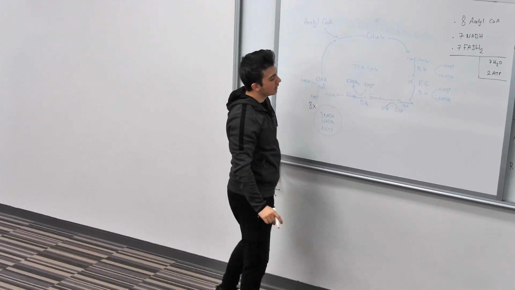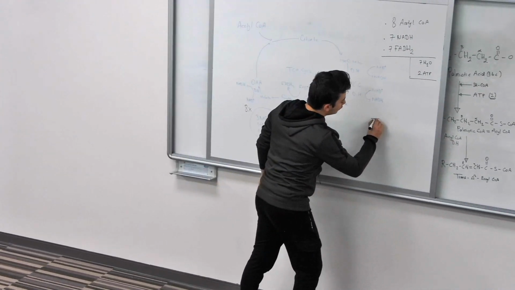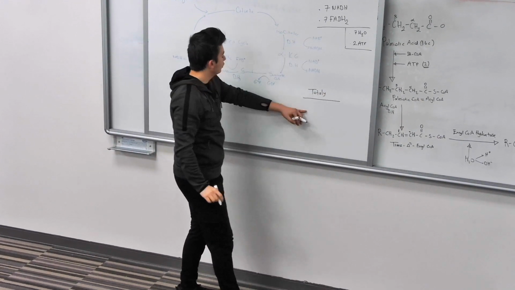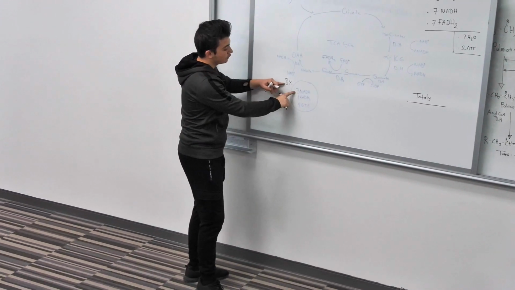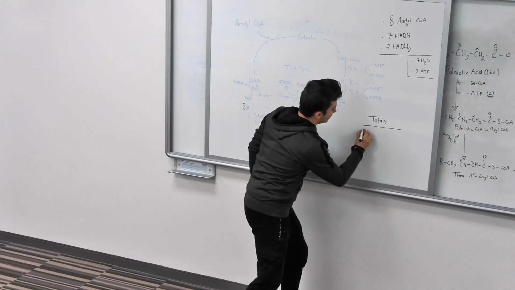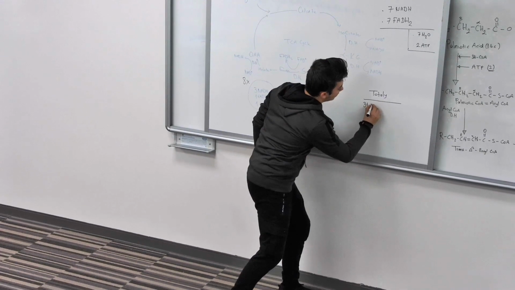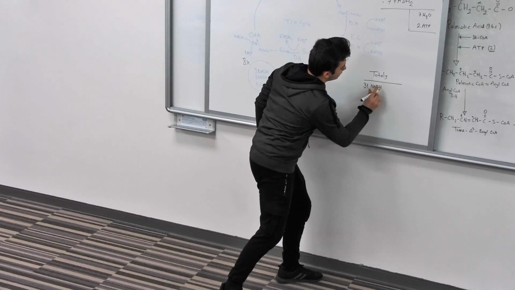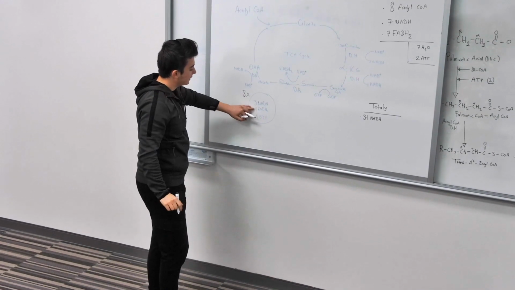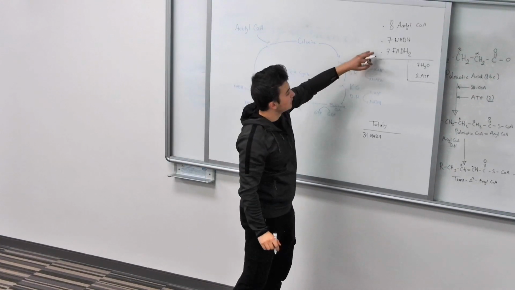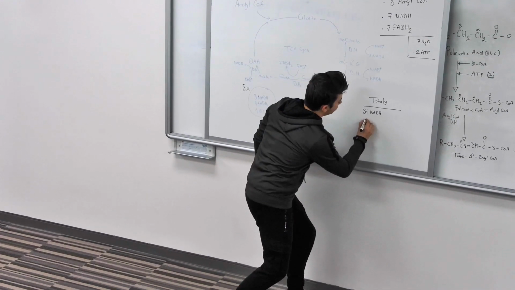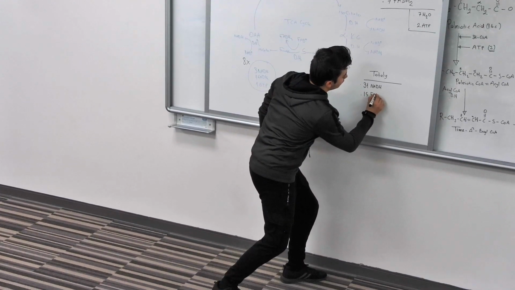Good. Let me calculate the total. I'm going to generate 24 plus 7 NADH, right? So it means 31 NADH that I generate. Good. And from 8 FADH2 and 7 FADH2, I'm going to generate 15 FADH2 molecules in total.